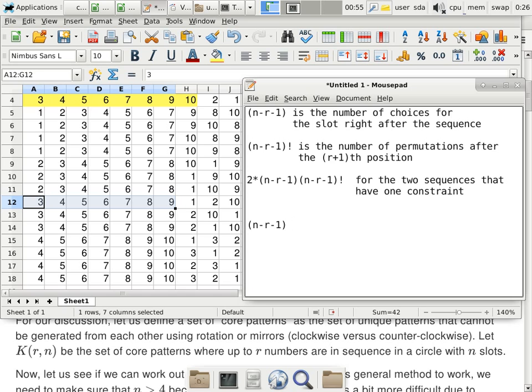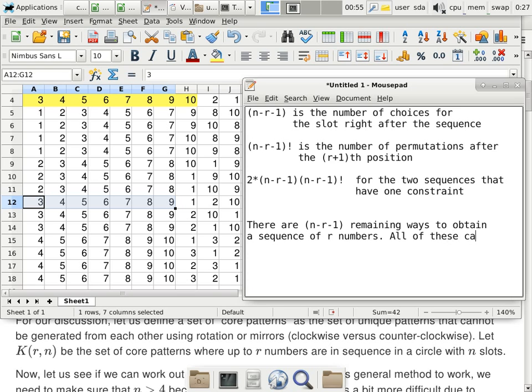So there are N minus R minus 1 remaining ways to obtain a sequence of R numbers. So that's what the N minus R minus 1 is.